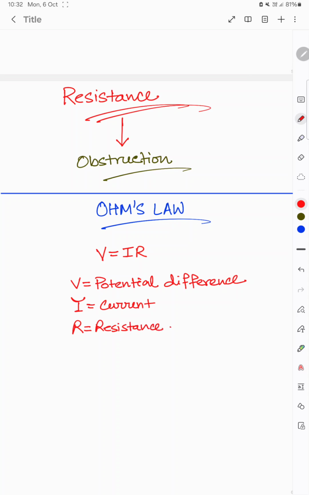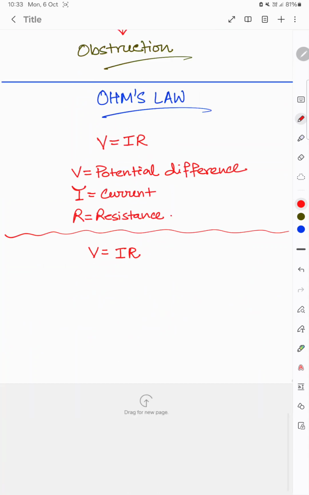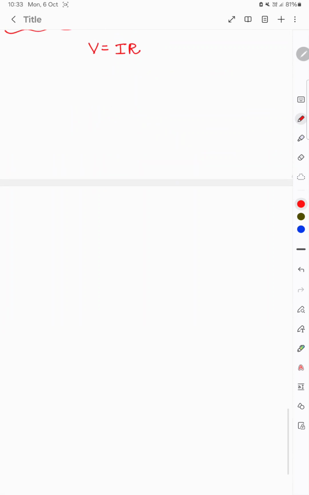Now, if I break this particular law, then I will be getting some relations. What are the relations? V is directly proportional to I. V is directly proportional to R, right?